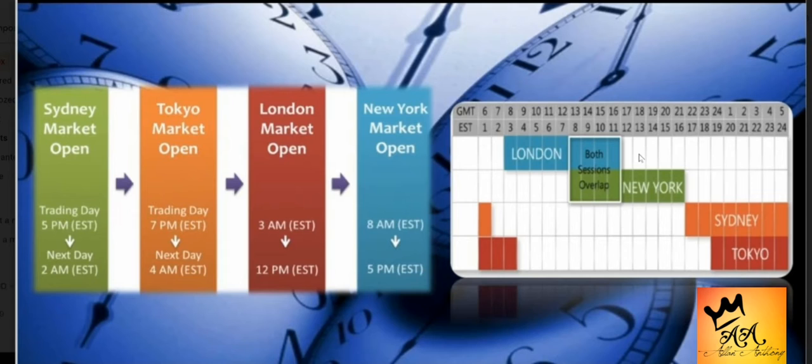All right, so that overlap period, a lot of people take advantage of trading that overlap period because there's a lot of activity happening, because you basically have 2 sessions happening simultaneously. All right, so that's a famous or popular time for people to trade because you get a lot of movement.